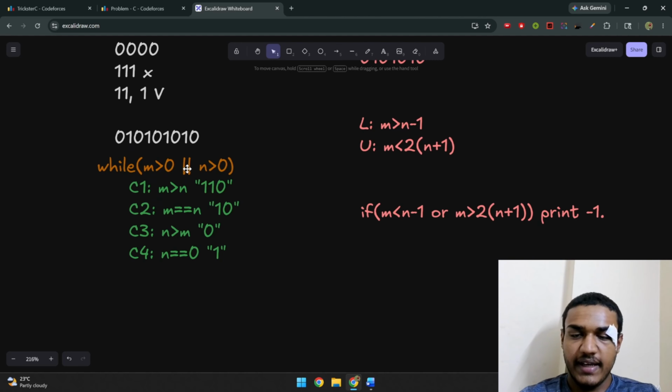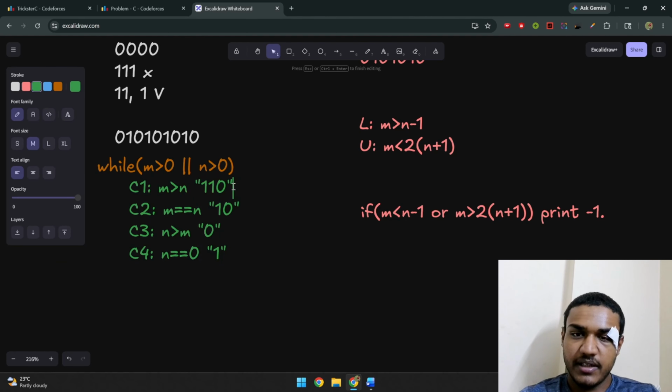Since we're printing two ones together, we'll need to remove two ones out of our m value, so I can confidently say m minus equal to 2, and n minus minus, since I'm just removing one n.